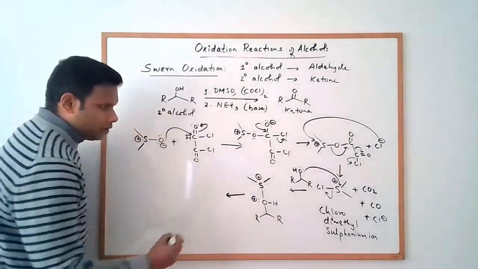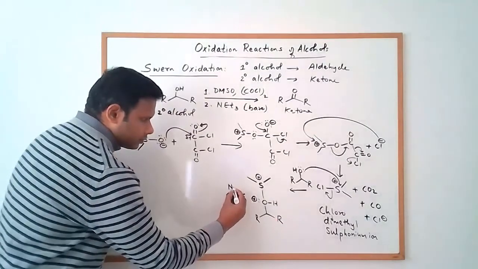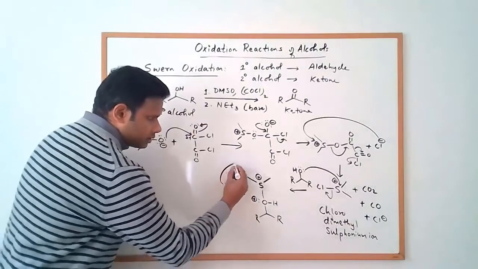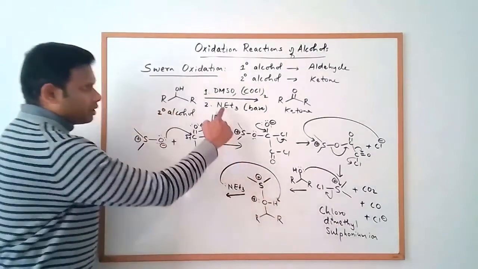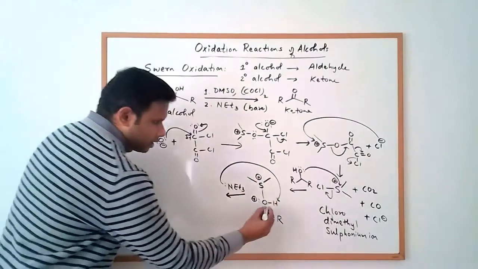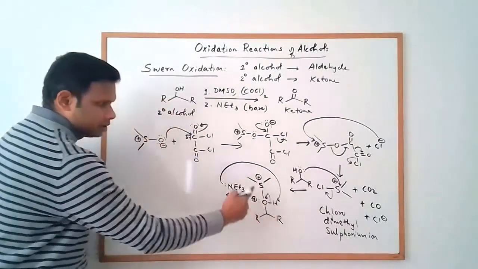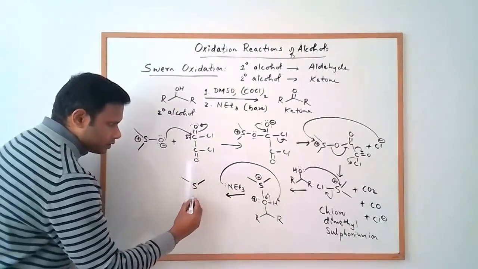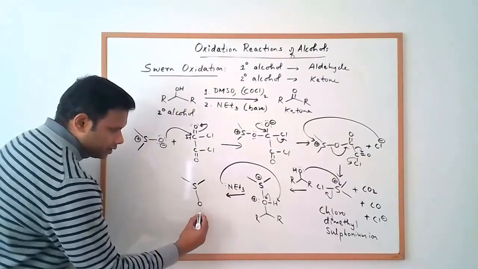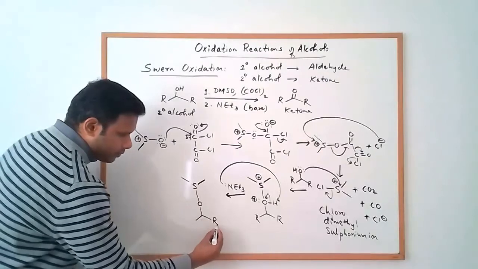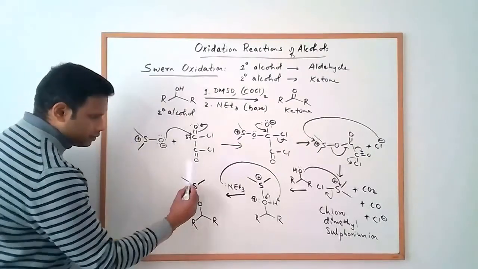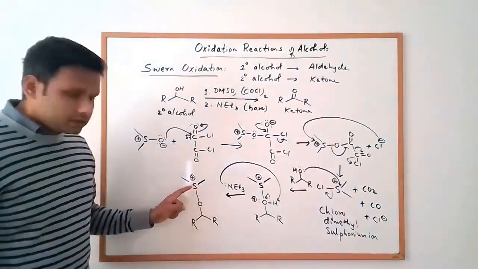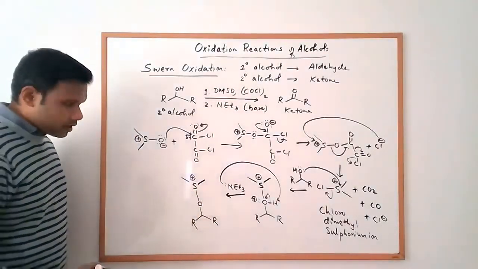And now the base triethylamine, this kicks in. So we are doing the second step now here. The base kicks in, and it will deprotonate this intermediate to give us a sulfur with the oxygen and the alcohol now connected to that sulfur atom.